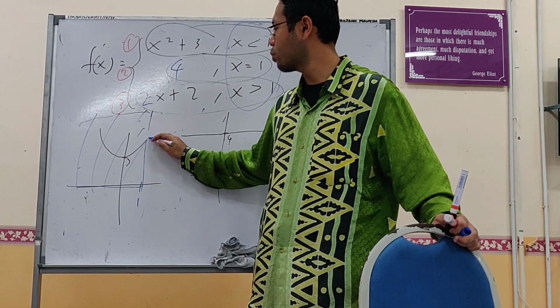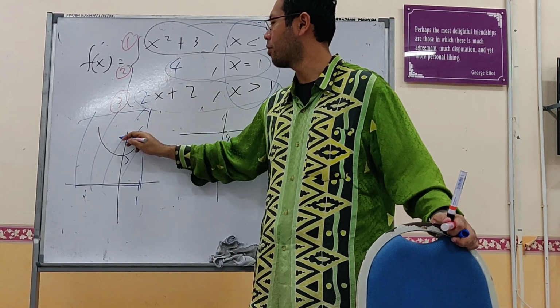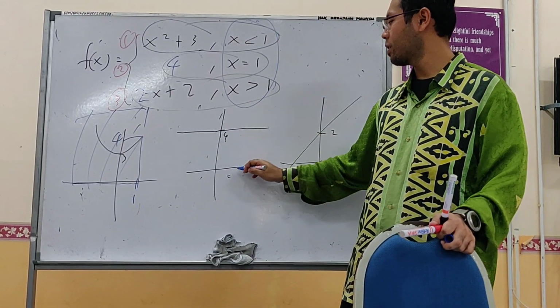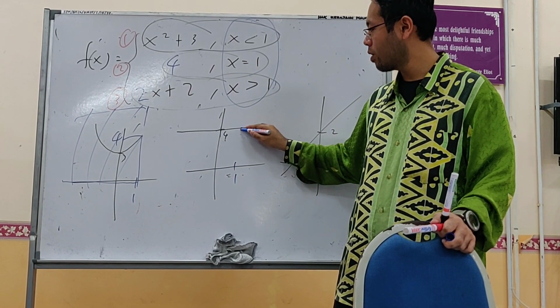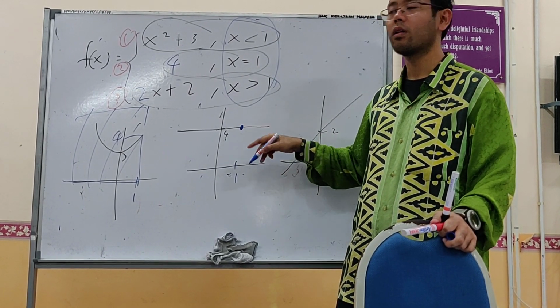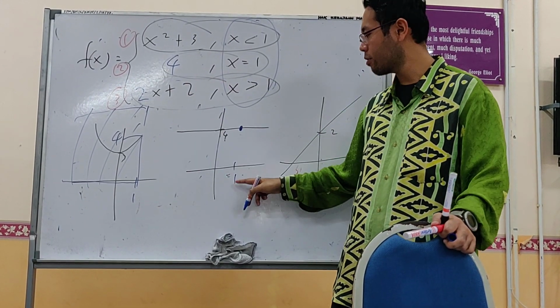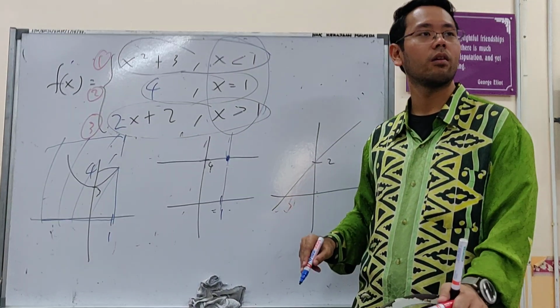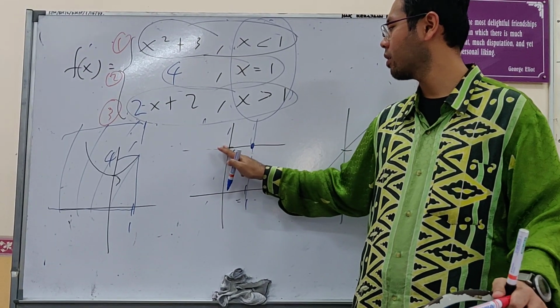When this is 1, what's the value here? 4. For this one, when this is 1, it's the same thing, it's only equal to 4. Why can I not draw a straight line? Because I only have this particular x equals to 1. So what happened to the rest of the line? Let's take it out.